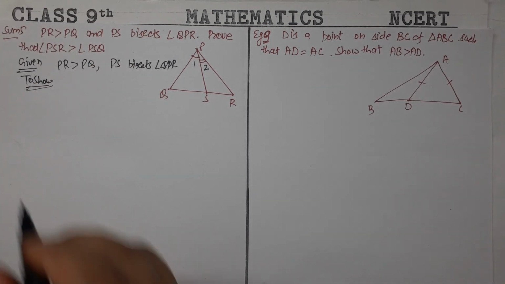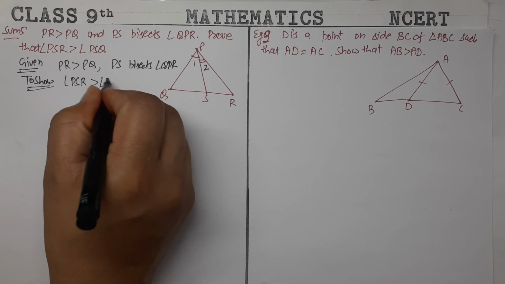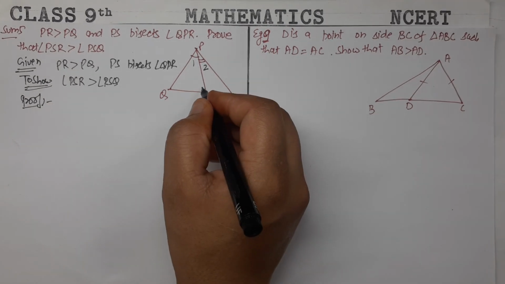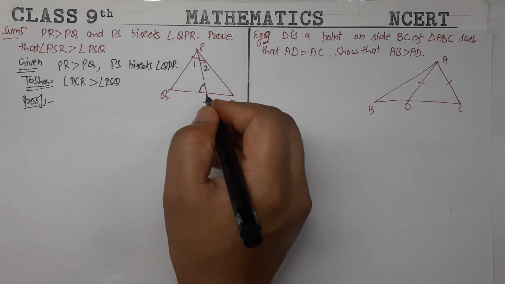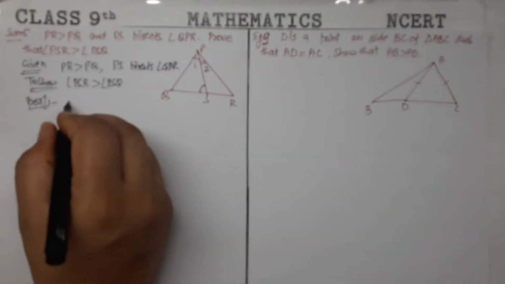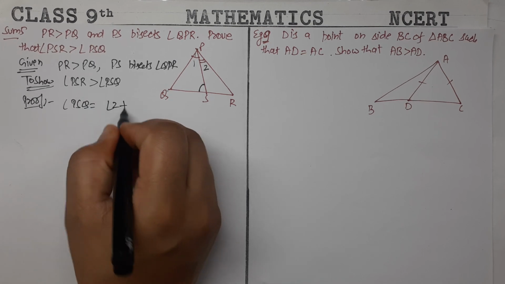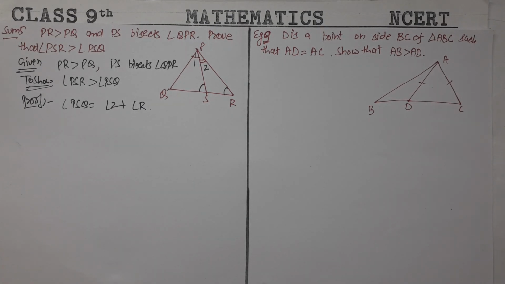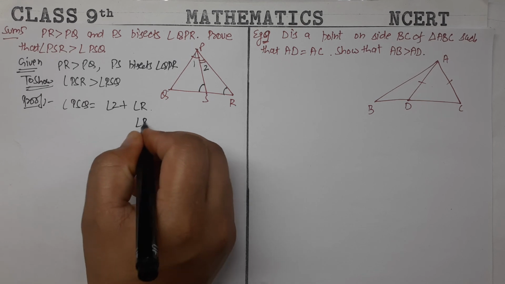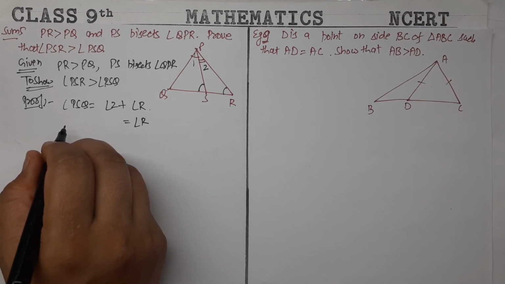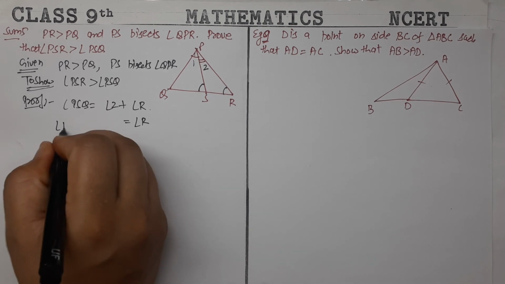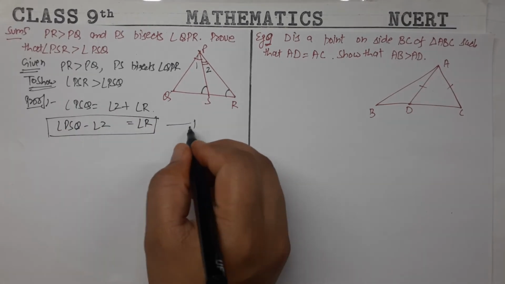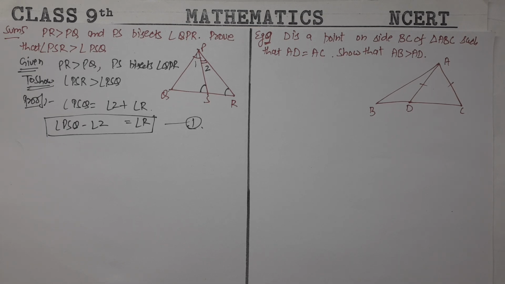To show, now proof. Angle PSQ equal to angle 2 plus angle R. From here angle R is, 2 comes left hand side, becomes minus, equation number 1.